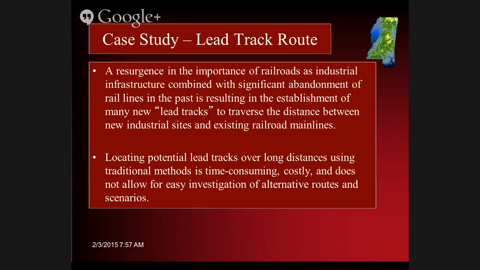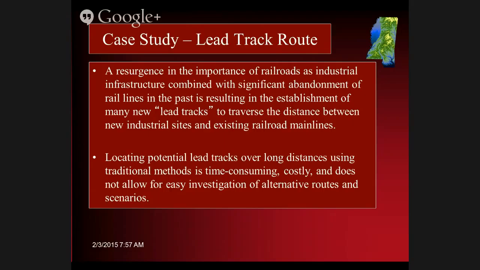So we looked at the possibility of using GIS technology, because at the time it wasn't as common to do that. They'd send surveyors out, and they would scour the landscape and try to find the best way to get this new lead track developed. So basically, this was a spur off to an industrial site.